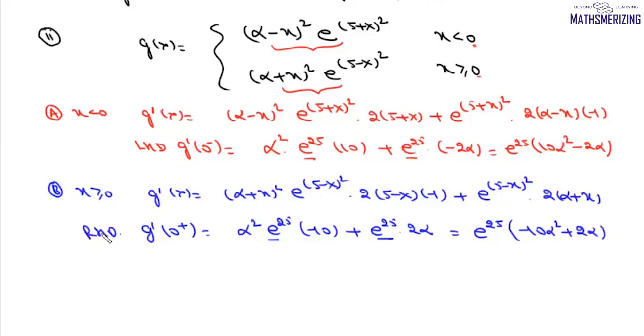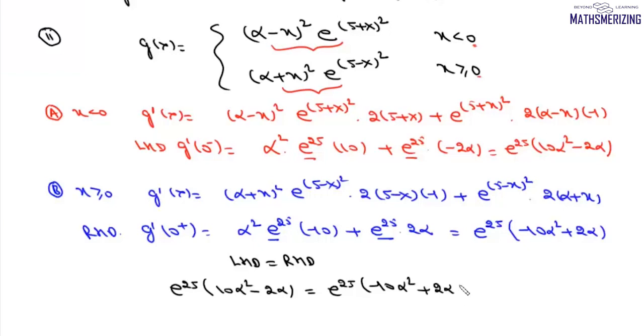Now this function will be differentiable at x equals 0 when left hand derivative is equal to right hand derivative. That is when e to the power 25 (10 alpha square minus 2 alpha) is equal to e to the power 25 (minus 10 alpha square plus 2 alpha).